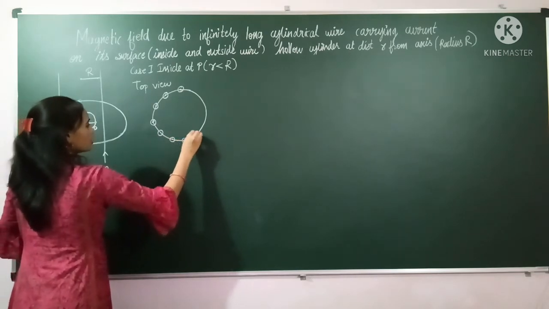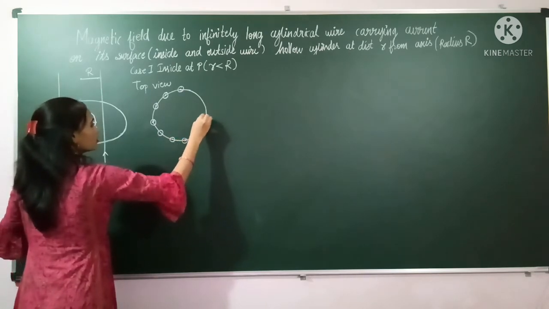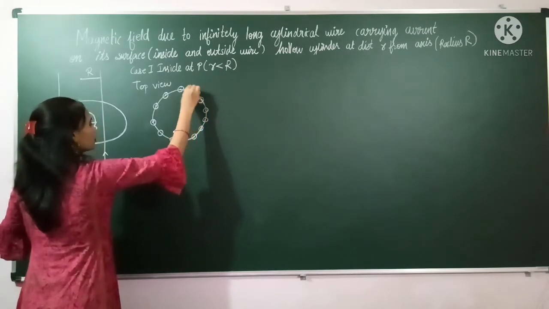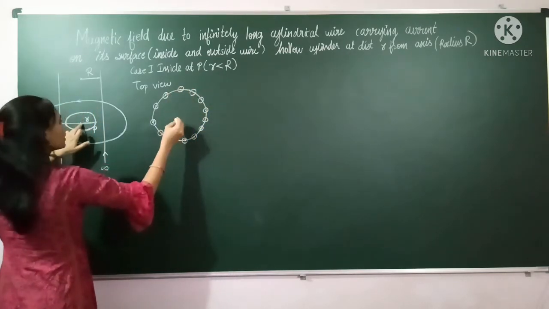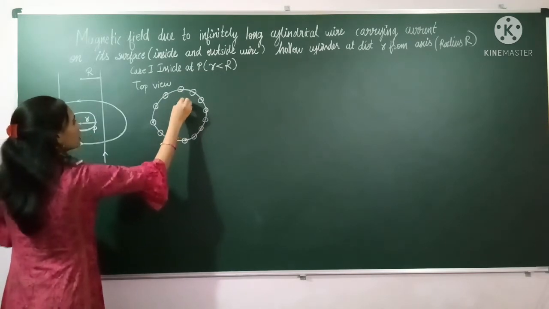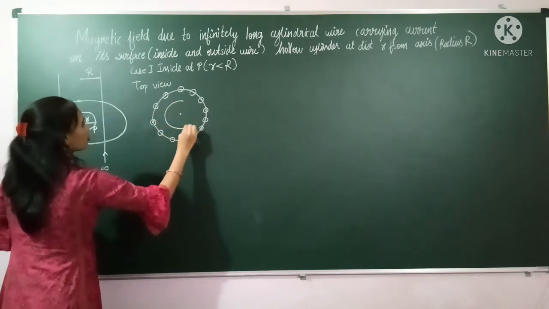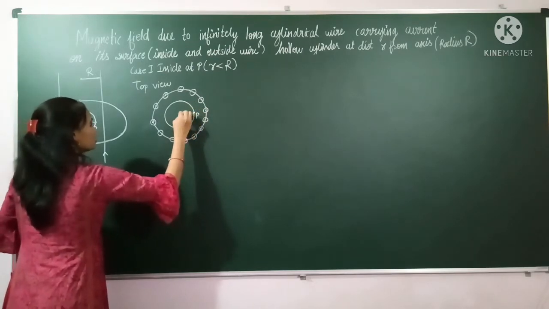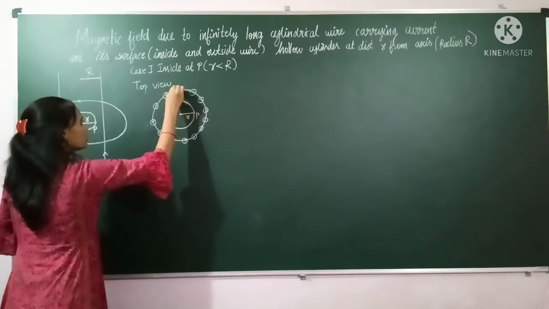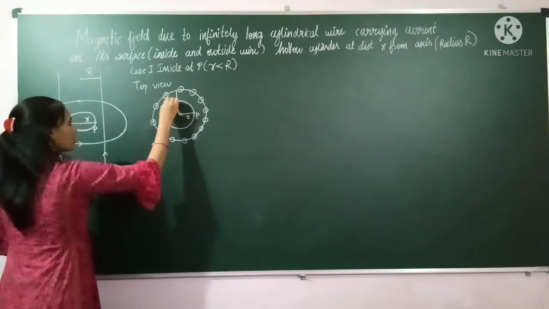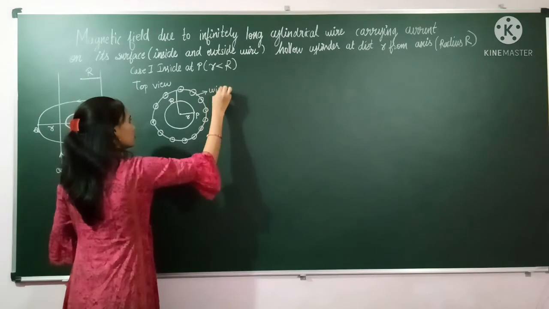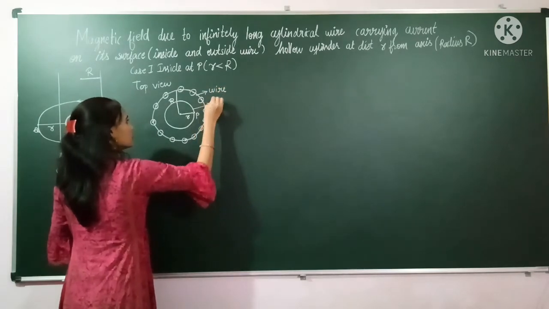Next we draw the Ampere's loop which we drew for the point P. This is our wire and this is the center, and here we draw our Ampere's loop, and this is our point P. This distance is small r and this distance is capital R. This is called the wire and this is called the Ampere's loop.